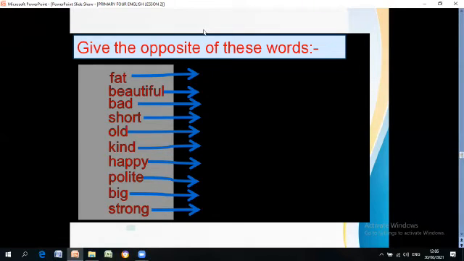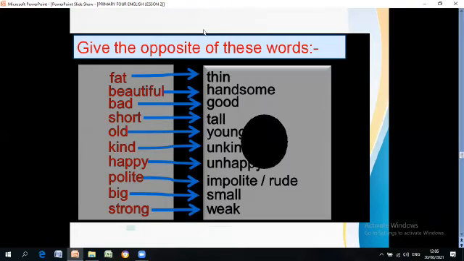So looking at this, an adjective like fat has its opposite. And the opposites are there. We have thin, the opposite of fat. We have beautiful, whose opposite is handsome.